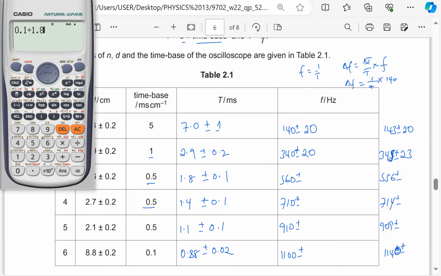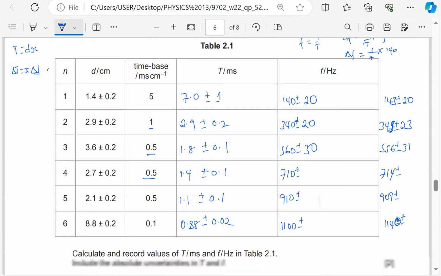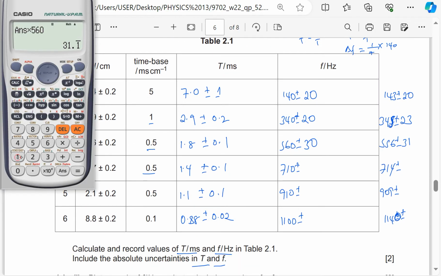So 0.1 divided by 1.8 times 560. So this is 30. But when you use 556, you can write 31. Then I have 0.1 divided by 1.4 times 710.